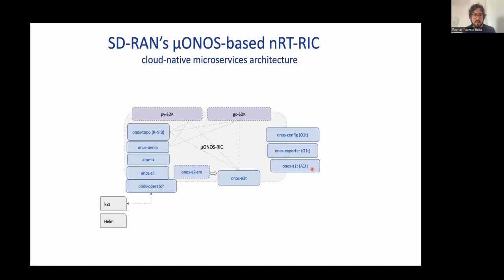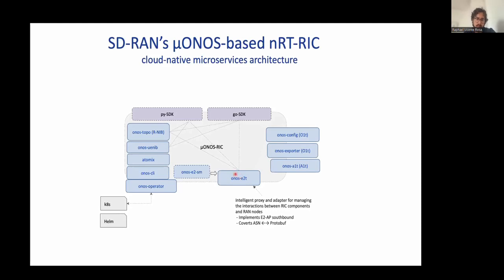It's based on the micro-ONOS architecture, which is a microservice-based network controller that was enhanced with different components to allow the programmability of the RIC itself, a near-real-time RIC. To do that, I think the most important component that allows this programmability is the ONOS E2T component.